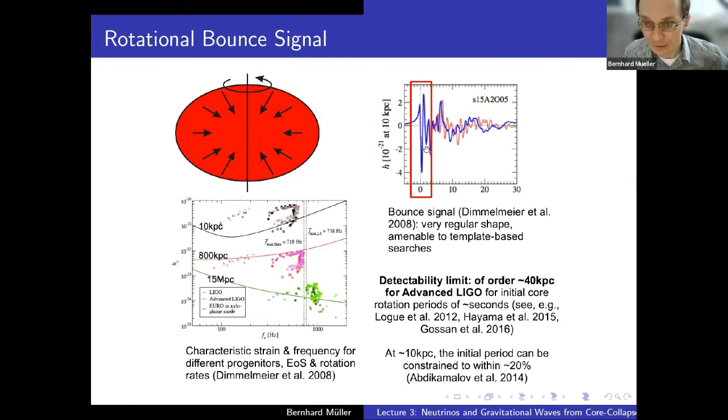You don't see so much of a signal of the stalling of the shock here in the gravitational wave signal. There is a somewhat indirect effect, because shortly after the stalling of the shock, you get what is known as prompt convective overturn behind the shock, because the entropy gradient changes such that it becomes convectively unstable.